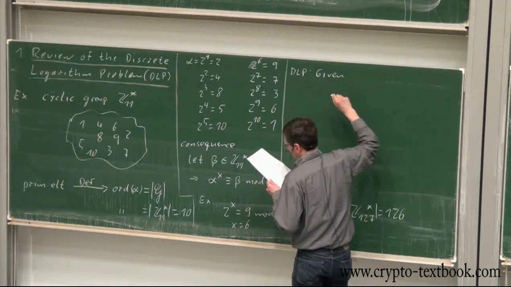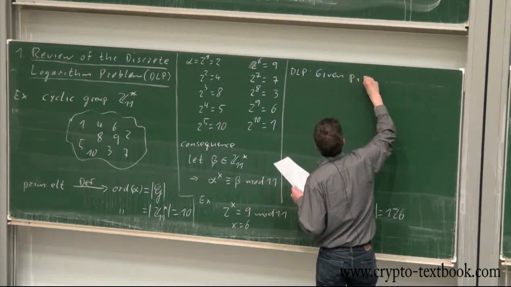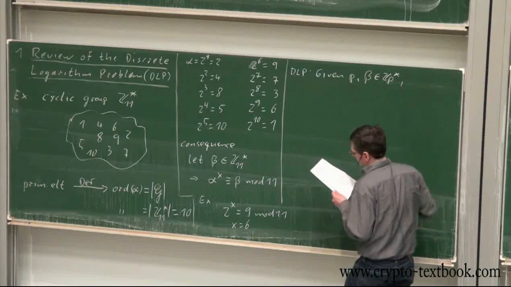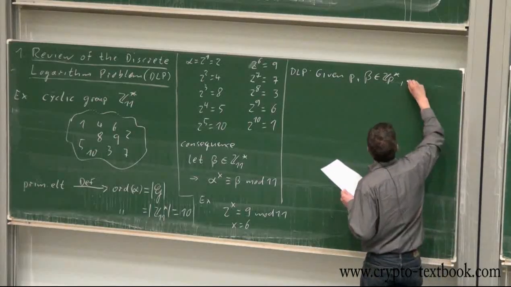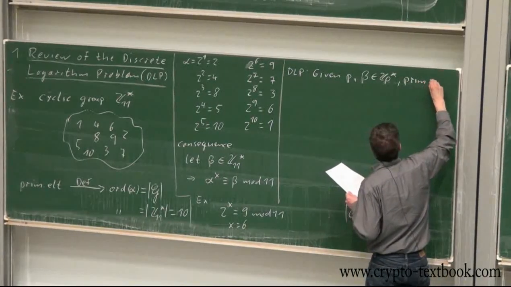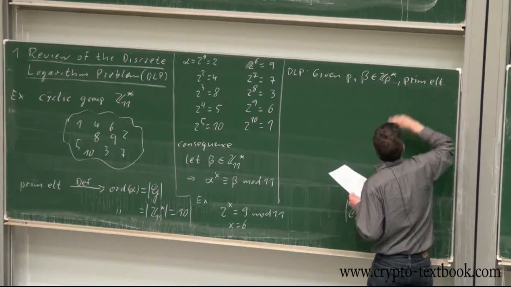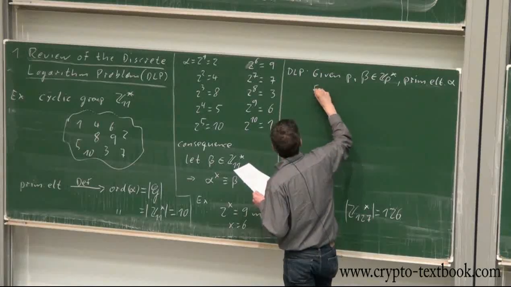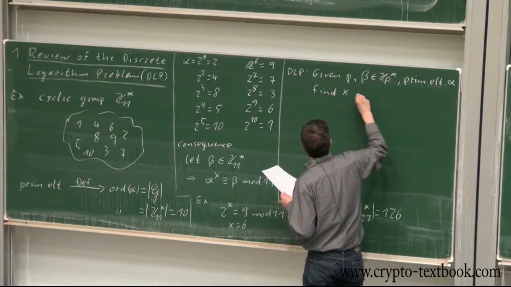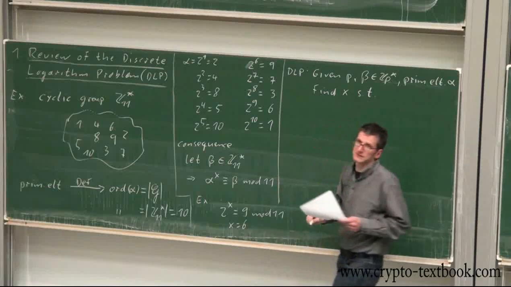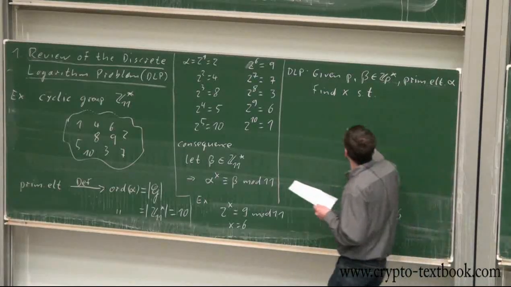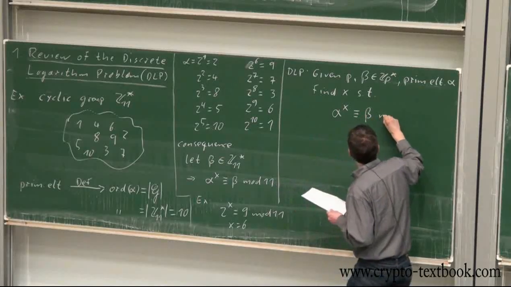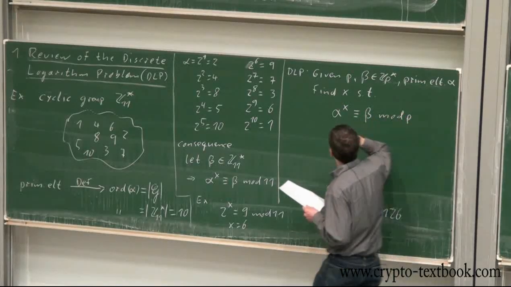Given p, an element beta in Z_p, and a primitive element alpha, find x such that alpha raised to the x is equal to beta modulo p.